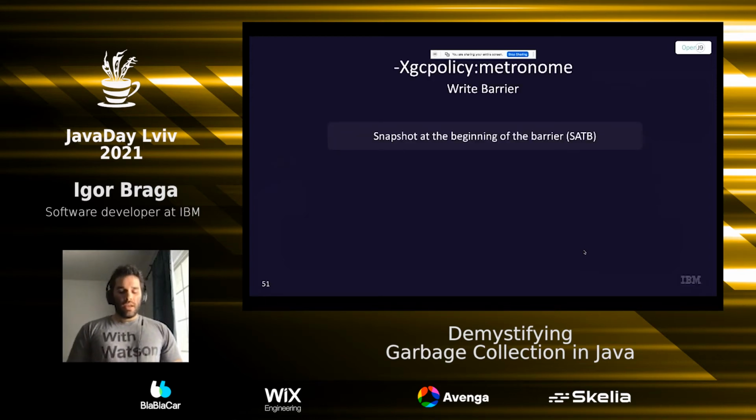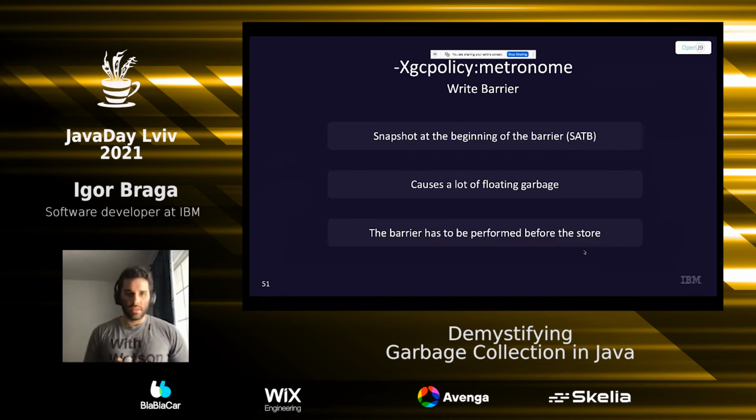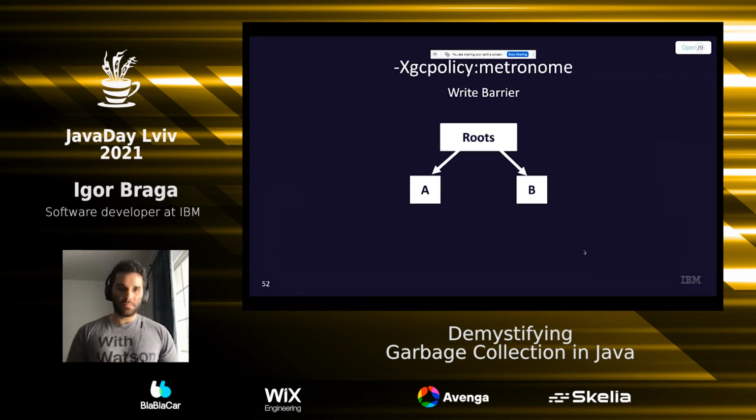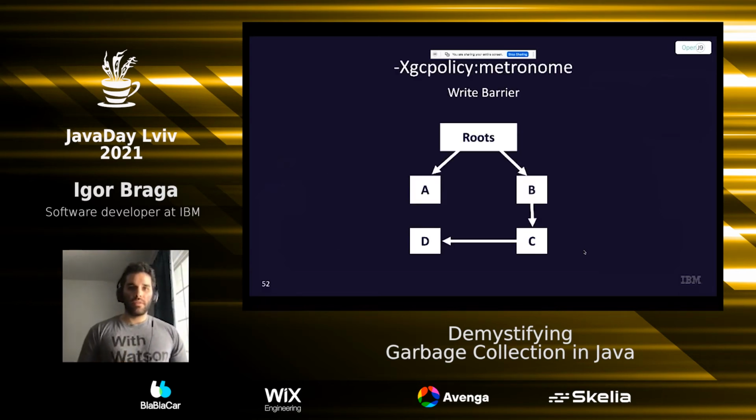Metronome has a barrier called the snapshot-at-the-beginning barrier. It causes a lot of floating garbage, and the barrier has to be performed before the store. Here I have an example to show you why this causes a lot of floating garbage. Remember, we have the following object graph, and we are in the middle of marking objects.